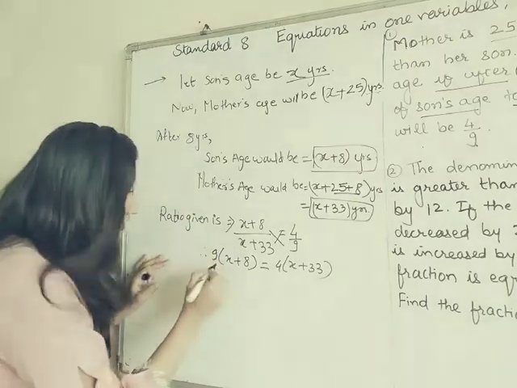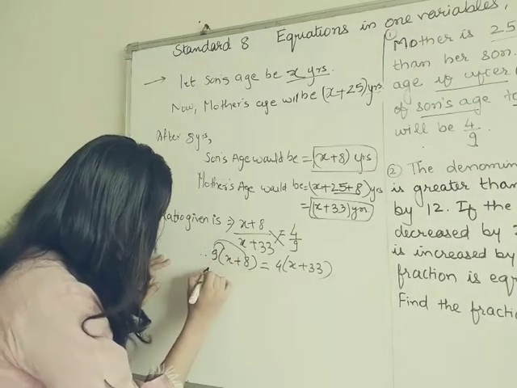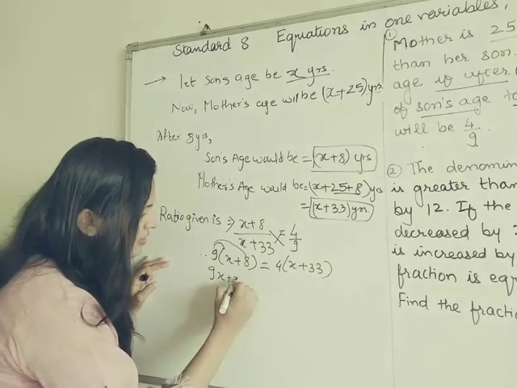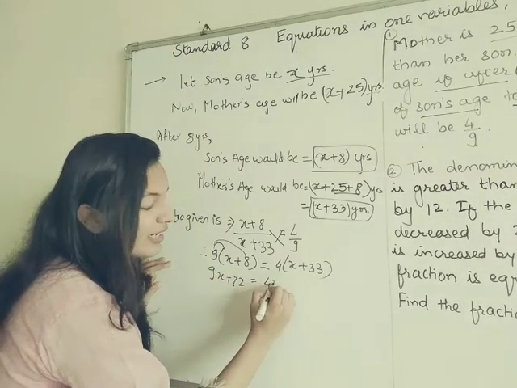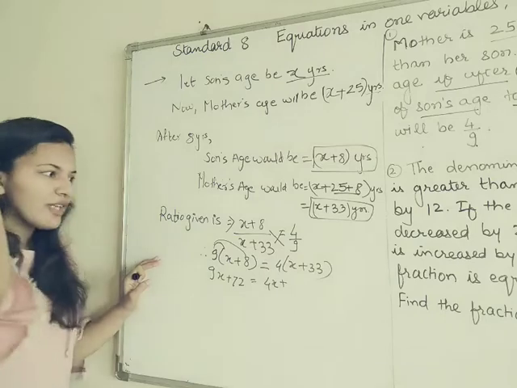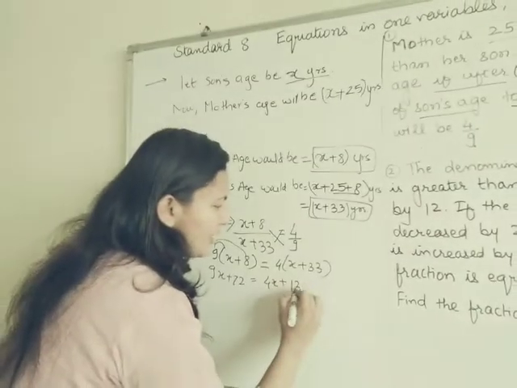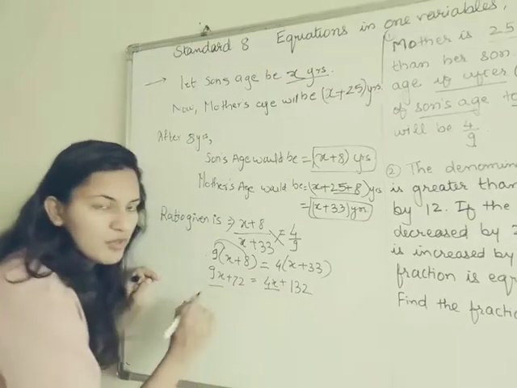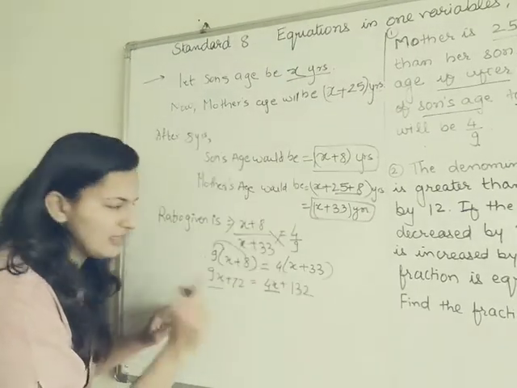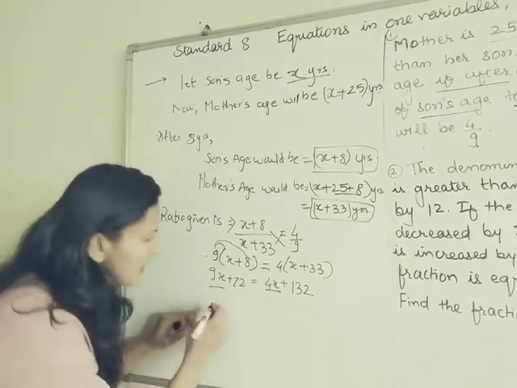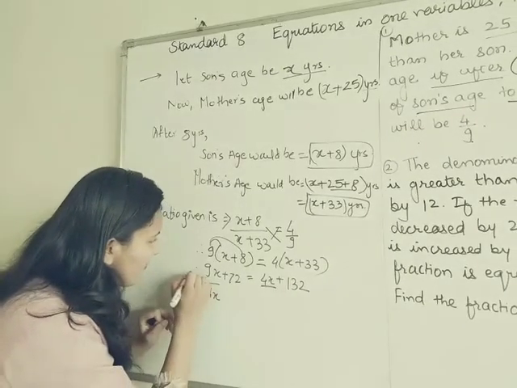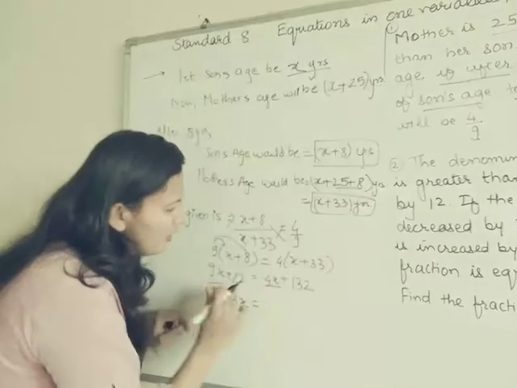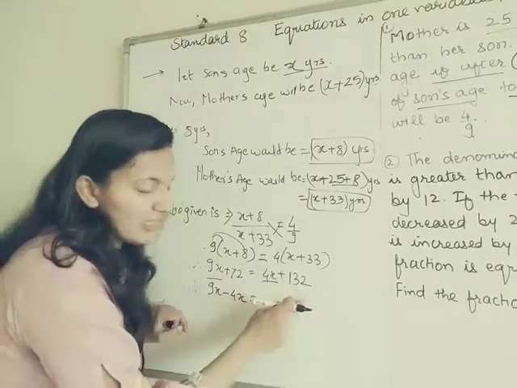So let's solve this. Brackets first. So it is 9x plus 72 is equal to 4x plus 132. Okay, so these are like terms. We need to bring these like terms on one side. So let's bring 4x to the left hand side. 9x minus 4x is equal to, and bring this constant to the right hand side.